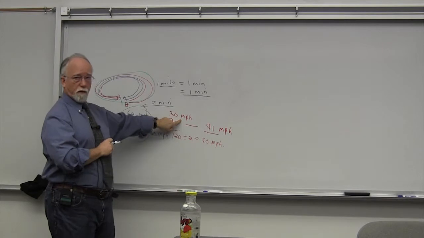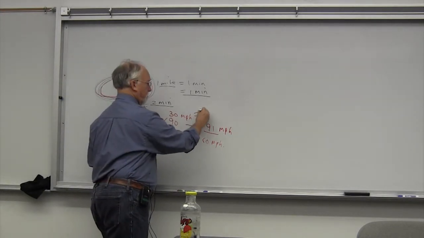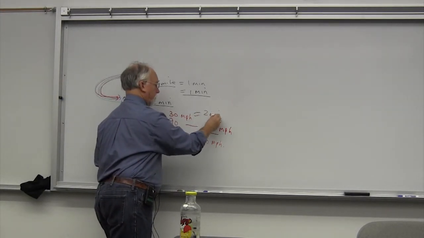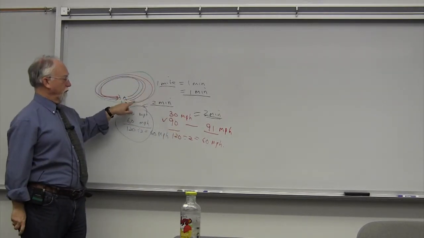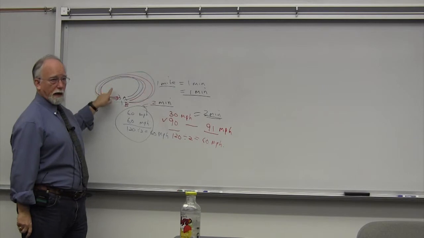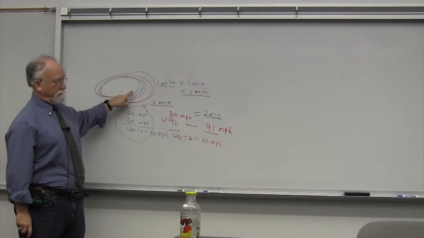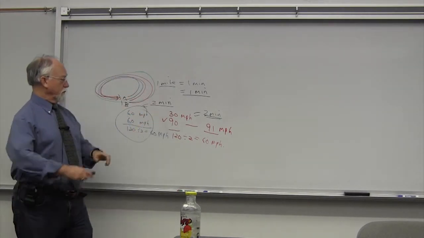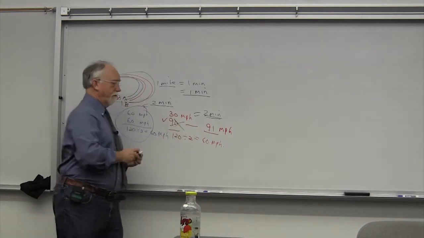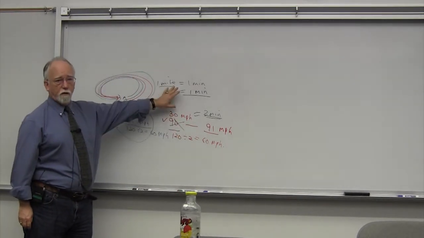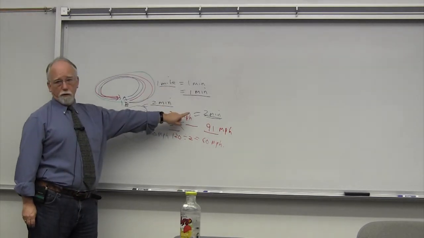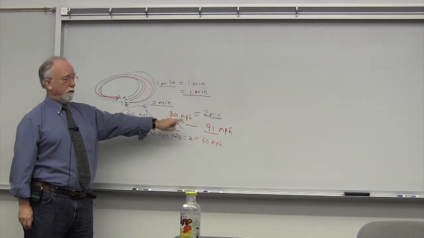So 30 miles an hour during that first lap equals 2 minutes. So this means that when vehicle B does that first lap, vehicle A is already finished. So this means that it's impossible. It's impossible for vehicle B to catch vehicle A because already 2 minutes have elapsed during that time.